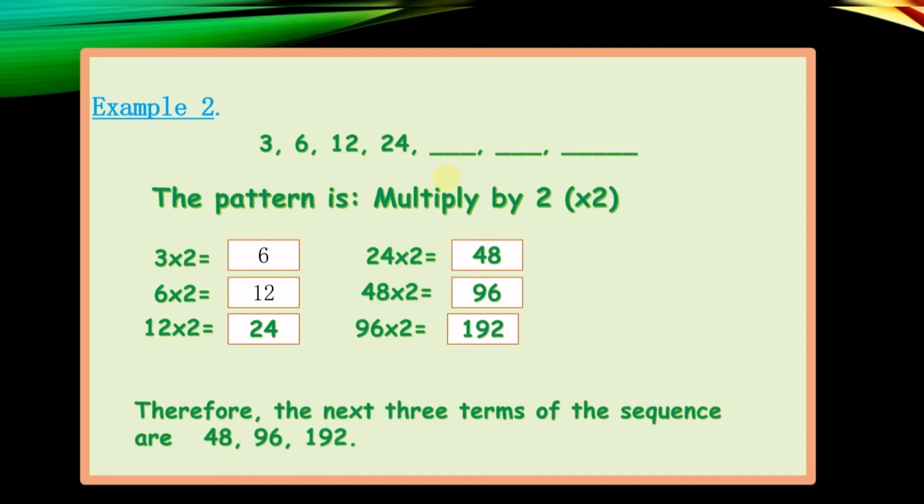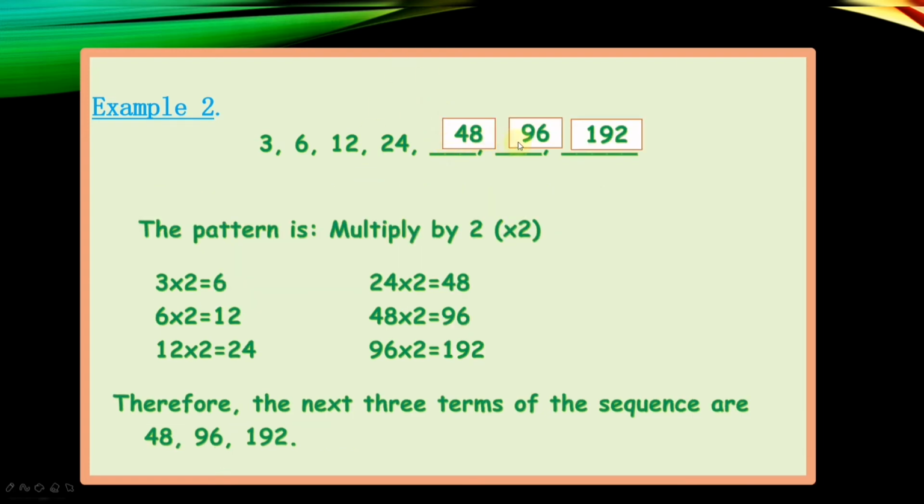Therefore, the next three terms of the sequence are 48, 96, and 192.